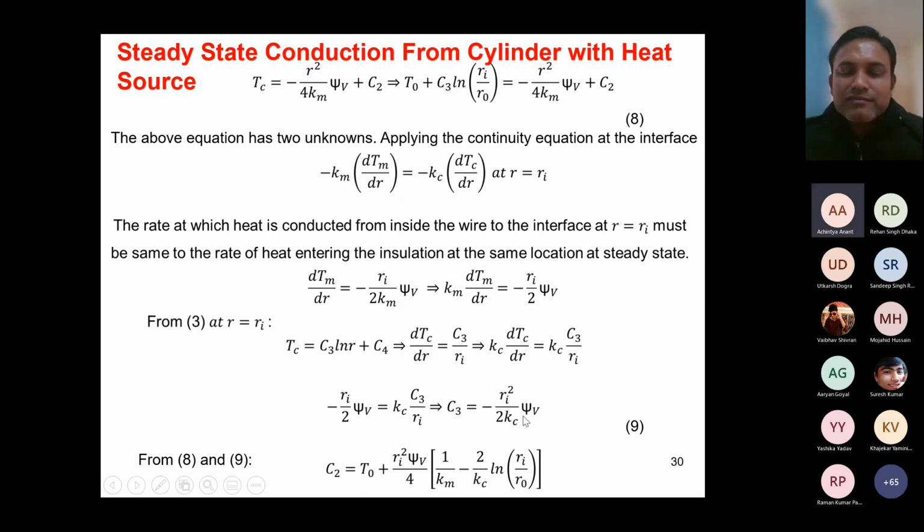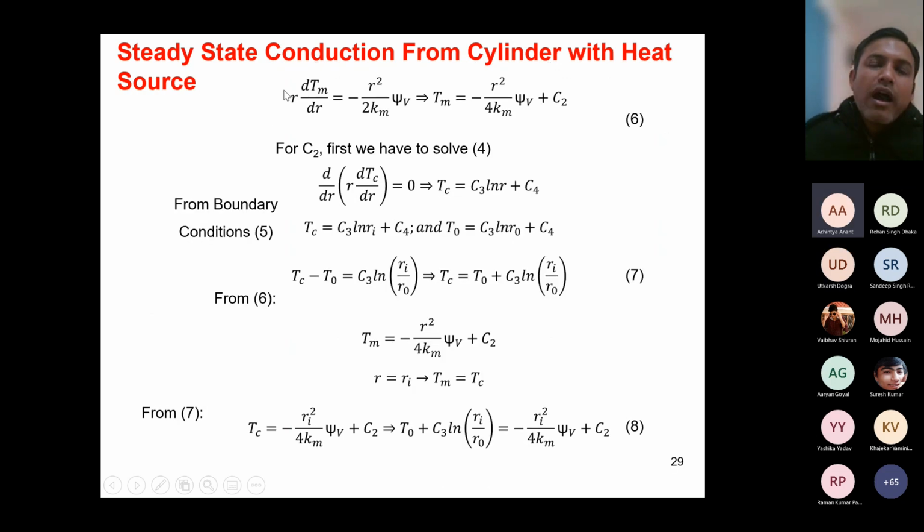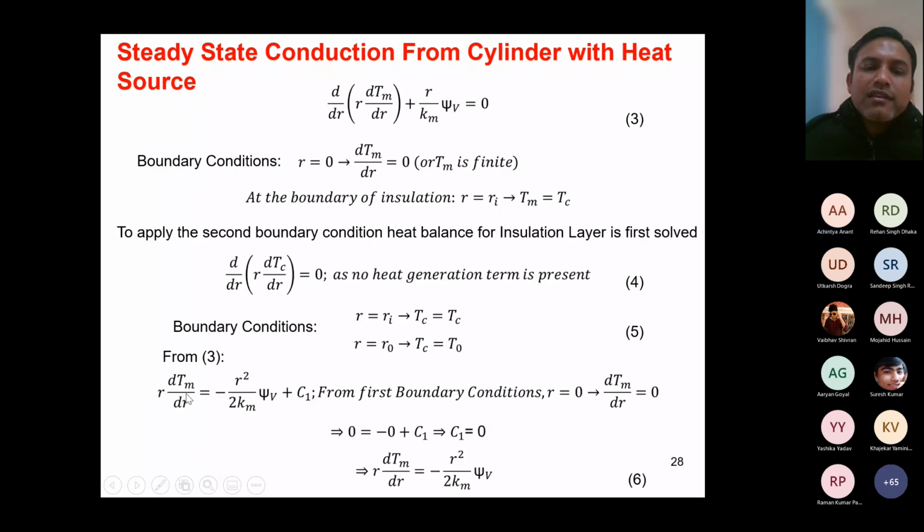Sir, can you explain from here one more time? dTm by dr is equal to minus R by 2 Km psi V. So R dTm by dr is given by minus R square by 2 Km psi V, isn't it? Sir, one minute, I forgot how this came. We have solved this equation here, which we obtained initially.